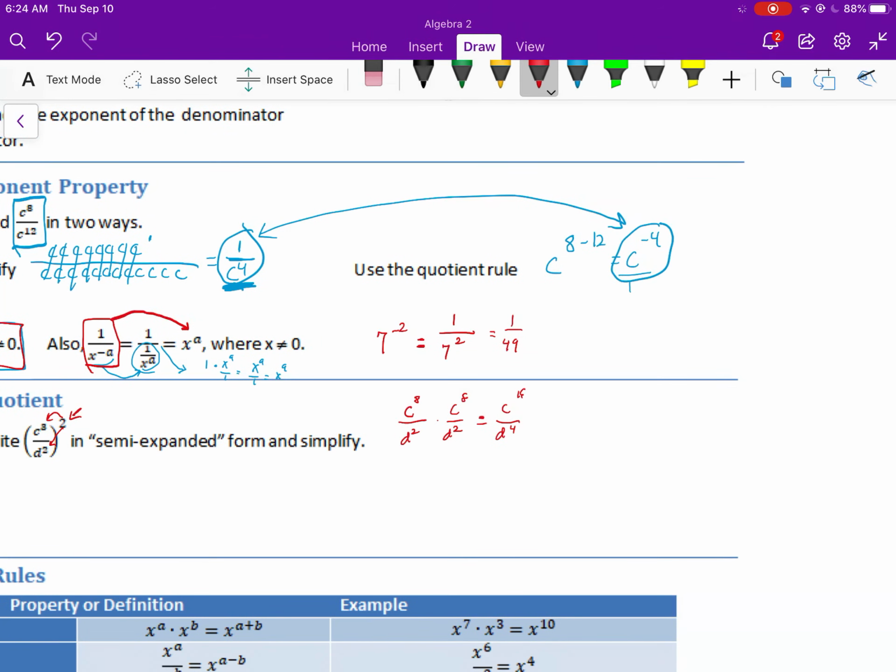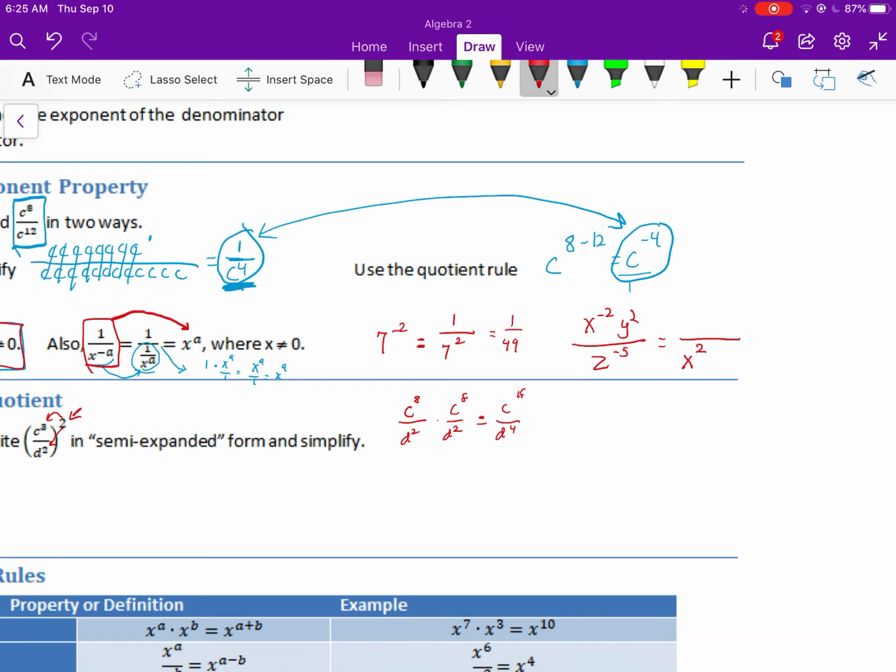And another one, just to show you this, if we had x to the negative 2 times y squared over z to the negative 5, we have a few negative exponents in there. Well, a simple way to remember this is if you have a negative exponent in the numerator, it can move to the denominator, but change the sign of the exponent.